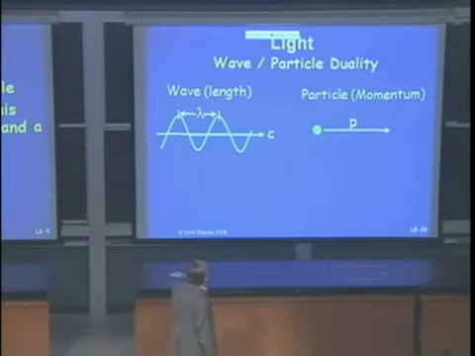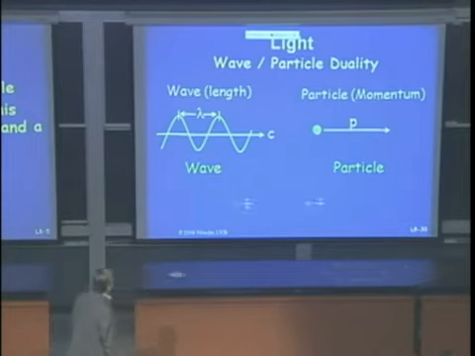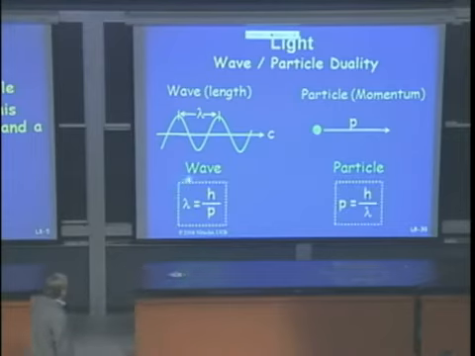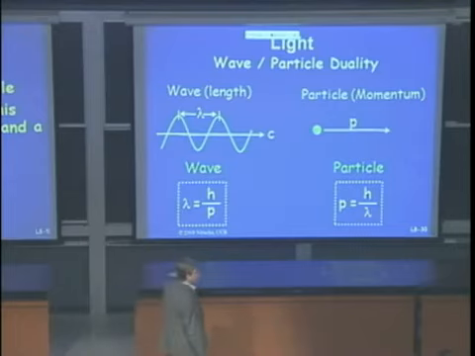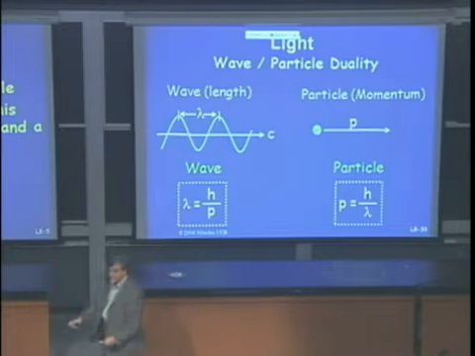Momentum is mass times velocity, and we know the wavelengths here, and here we know the momentum. Now we have to marry this. The wavelength is h divided by the momentum, so I can calculate the momentum from a wavelength, and I can calculate a wavelength from a momentum, all right? So this is the dualism, and this is de Broglie who unified this.